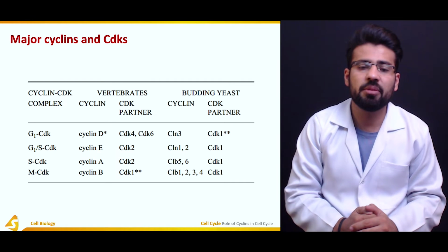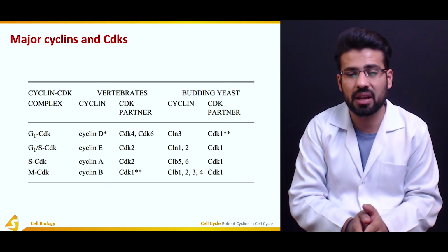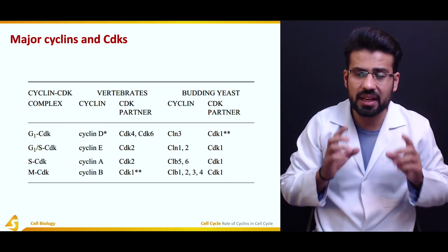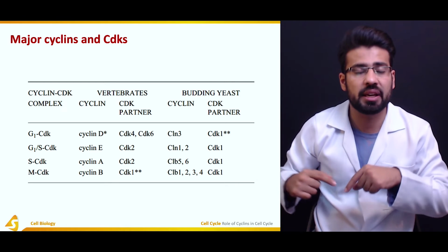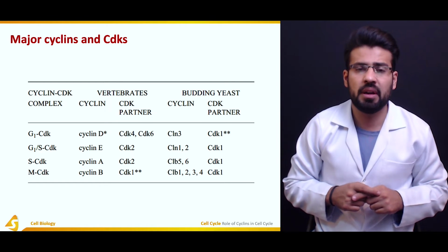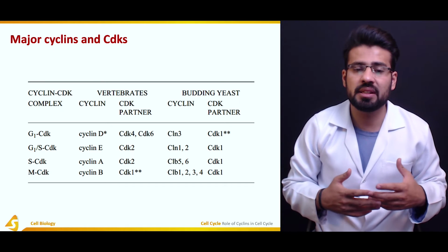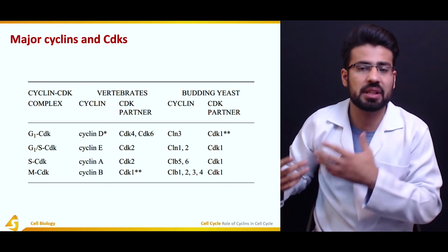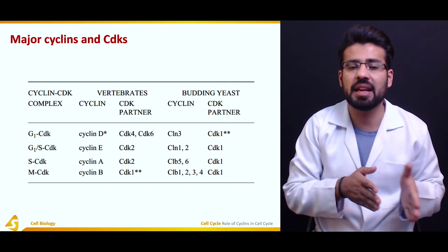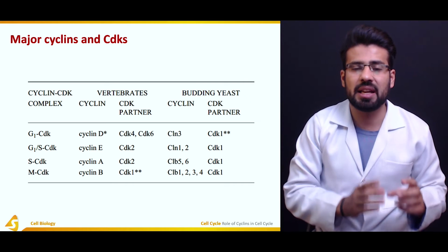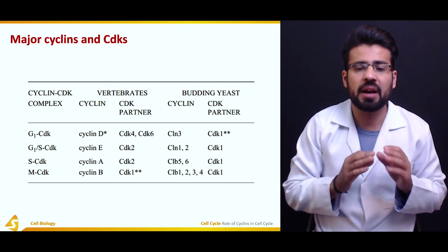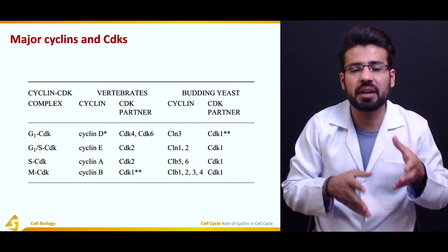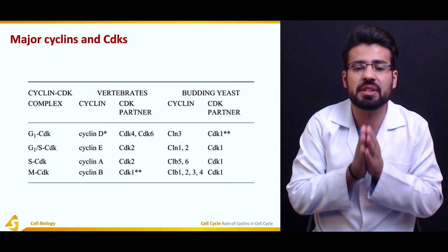Talking about the G1 to S transition CDKs, we have cyclin E, which is specific for the G1 to S transition, and it binds with CDK2. Talking about the S CDK cyclin, we have cyclin A that binds with CDK2, and the M CDK, which is specific for the M phase, binds with cyclin B, and cyclin B has its partner in the form of CDK1.